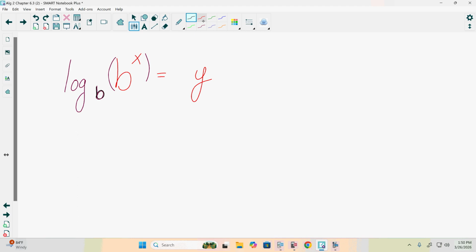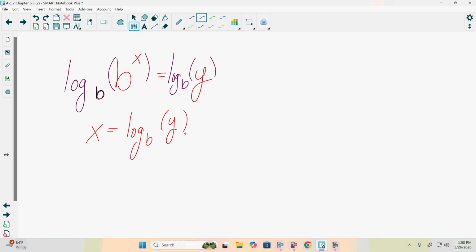And it will leave us with x equals. What I do to one side, I have to do to the other. And when I apply log base b to y, we get x is equal to log base b of y.